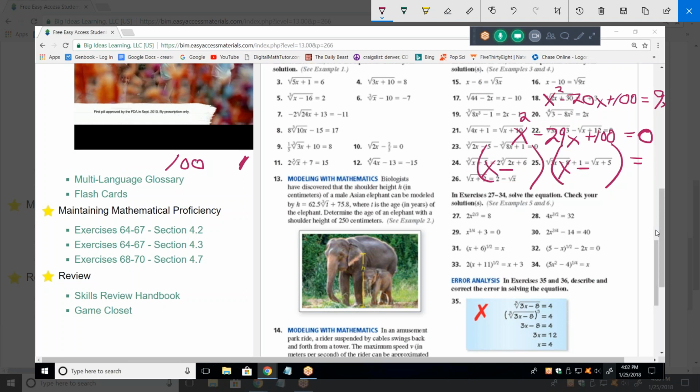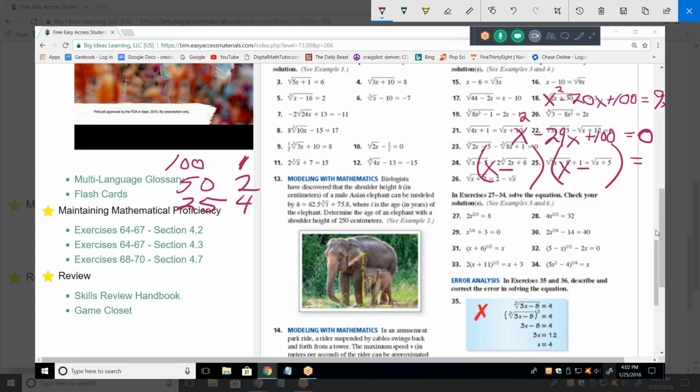So what's the next two factors? So 50 and 2. Next two factors. 25 and 4. Next two factors.